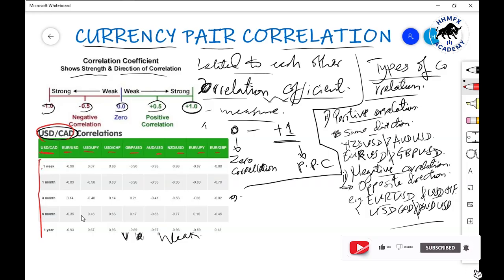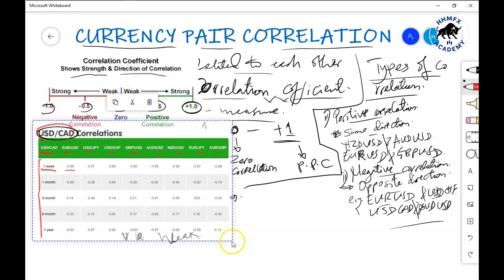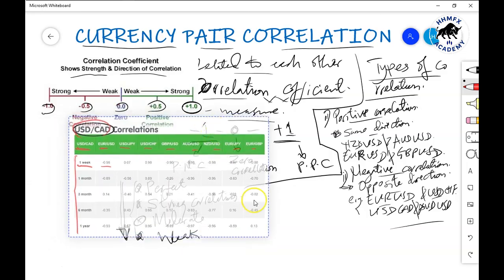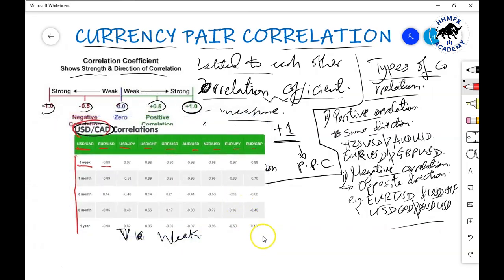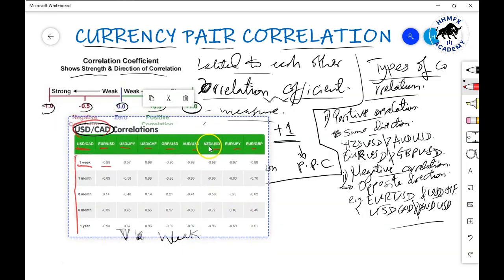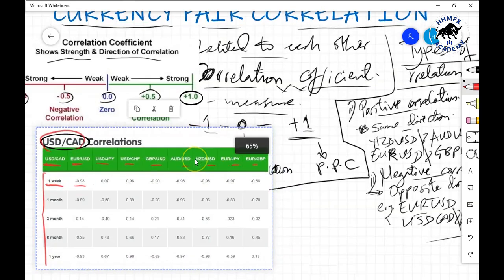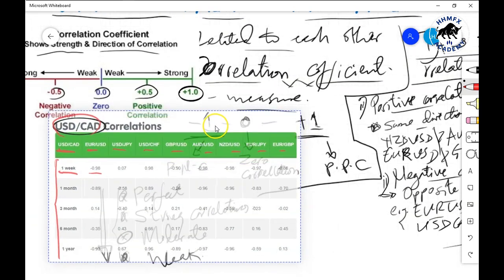Looking at a weekly time frame, you will find that it has a negative 0.98. Maybe I can increase the size of this.